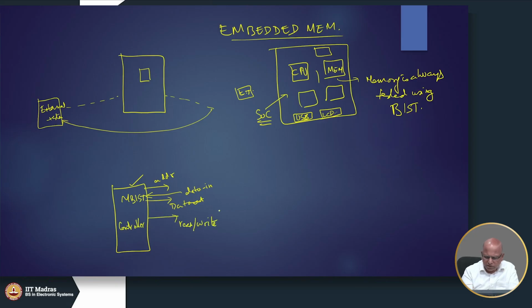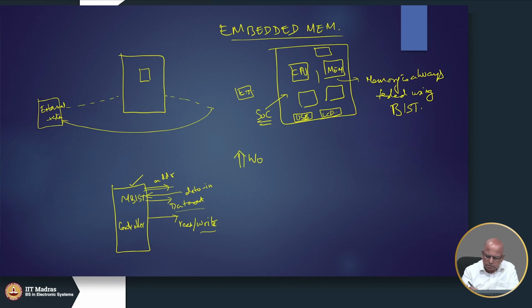So initially maybe we are trying to write. So it will activate write, then it will start using a counter and put the addresses 0 to n minus 1. Then it is writing, so it will put a 0 maybe. So when you do this write 0, maybe a counter is used to generate the addresses from 0 to n minus 1.